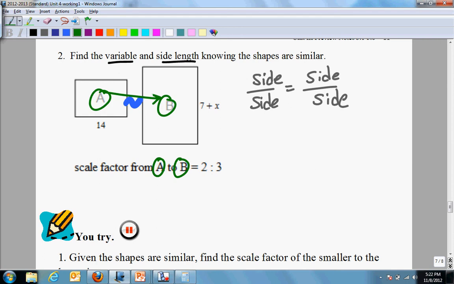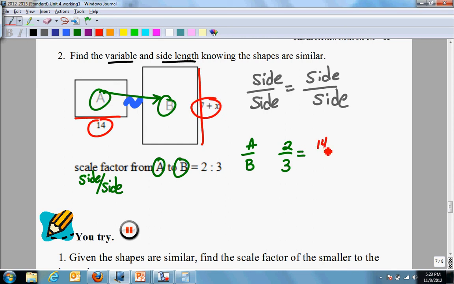Now remember, scale factor is the first primary side over side ratio. So we're going to take A to B, that's our order. We're going to go 2 over 3 equals 14, long over long, over 7 plus x.